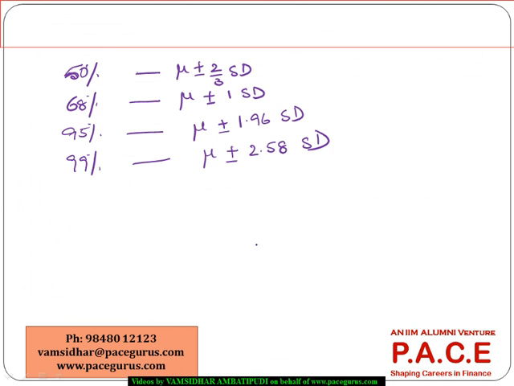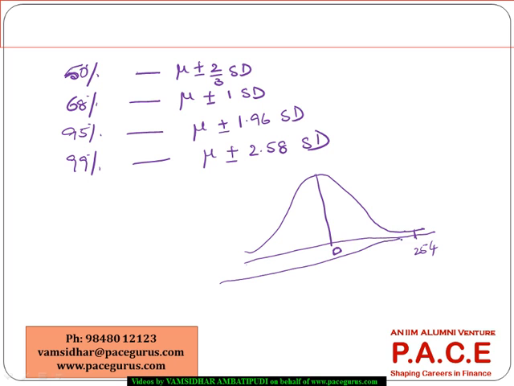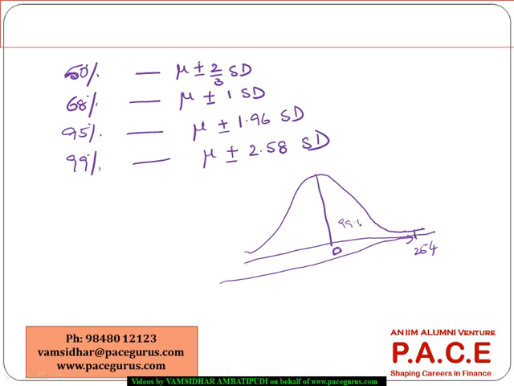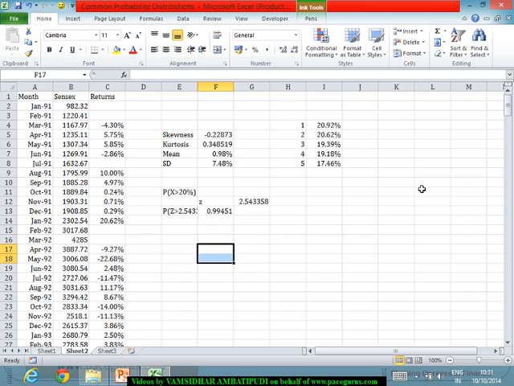This gives me that if this is the normal distribution and if this is z equal to 0, which is the mean, this is 2.54. The area from here till this point is 99.45%. But all I want is z greater than 2.54, which means this part of the area, which comes out as 0.55%.